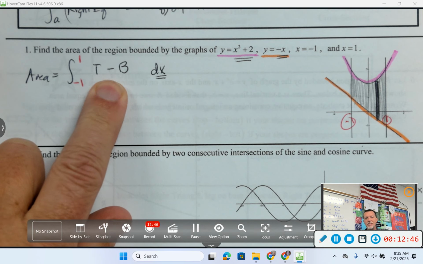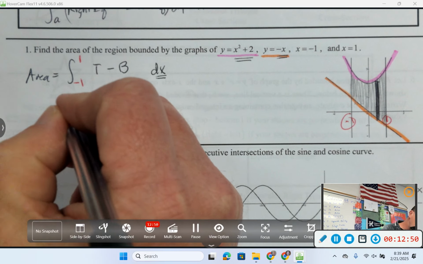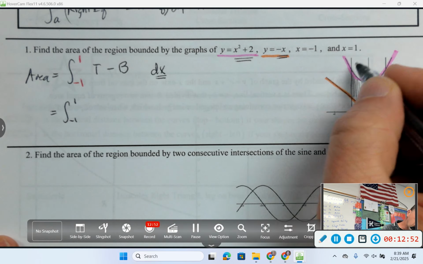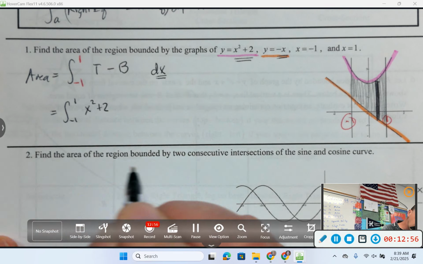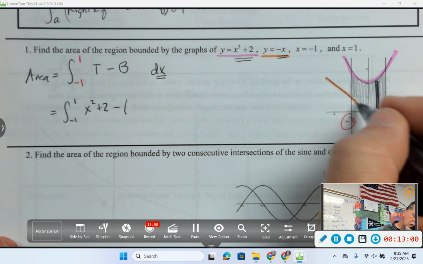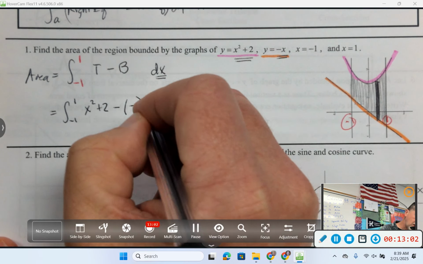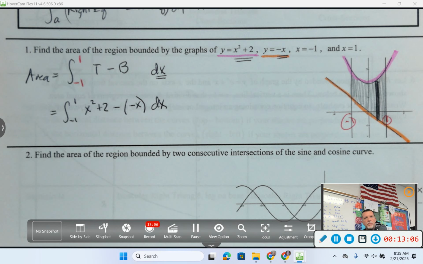Maybe not really necessary this week, but it reiterates top minus bottom. So the top is x squared plus 2, and the bottom is negative x, dx.